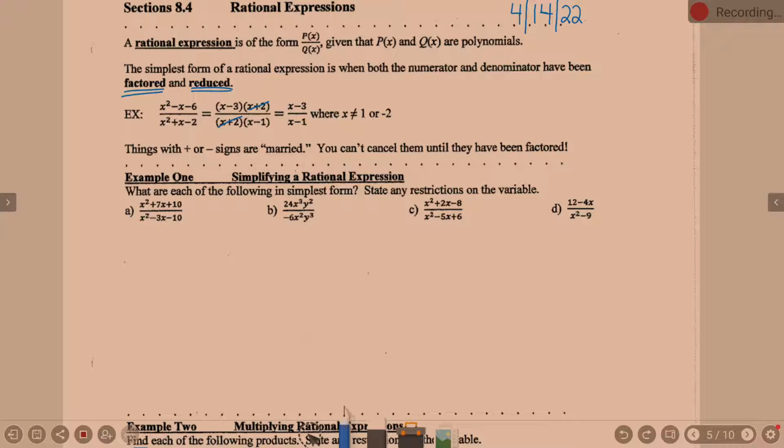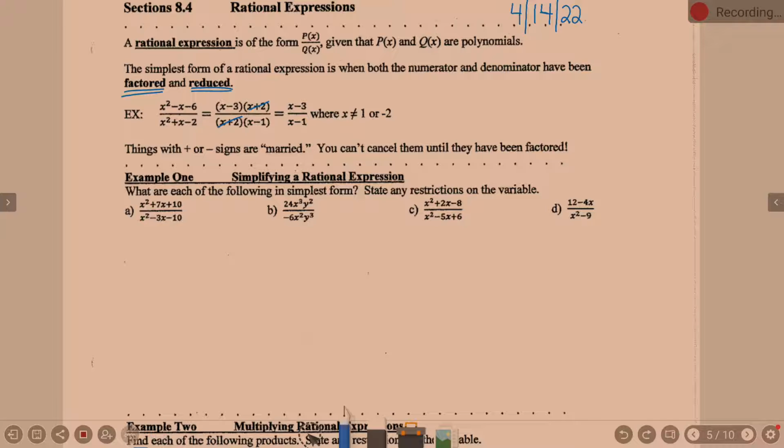And then we also have to talk about, I call them excluded values. Officially right now they're talking about restrictions on the variable. And the idea is, what do we know about a fraction and the denominator? The denominator can never equal 0. You've heard me say that time and time again, right? Well, if you look at x minus 1, you set that equal to 0, that's going to equal 0 when x is 1.